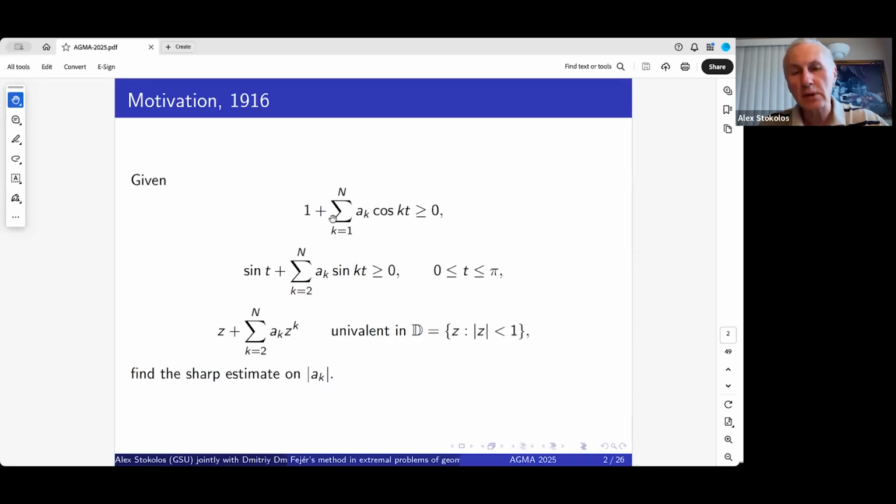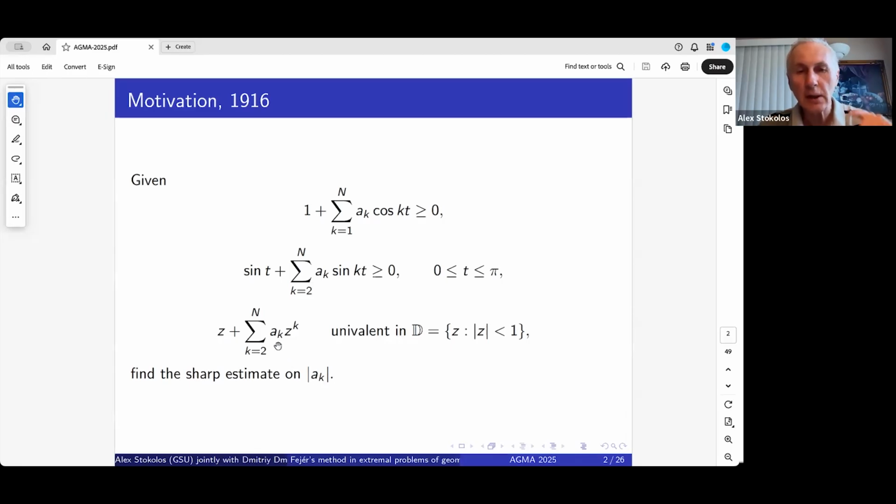Given non-negative trigonometric polynomials, even or odd, with this special normalization, and algebraic polynomials which are univalent in D. Univalent means one-to-one in the unit disk. Find the sharp estimate on the absolute value of the coefficient.